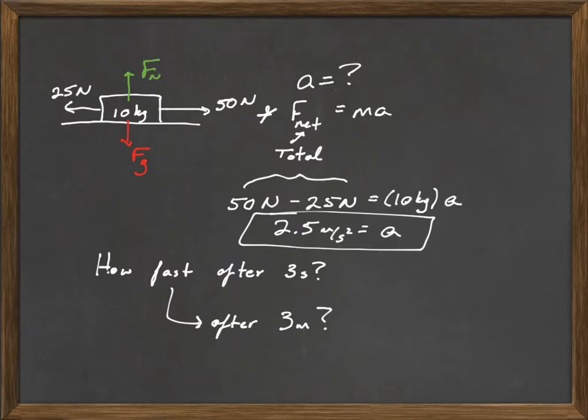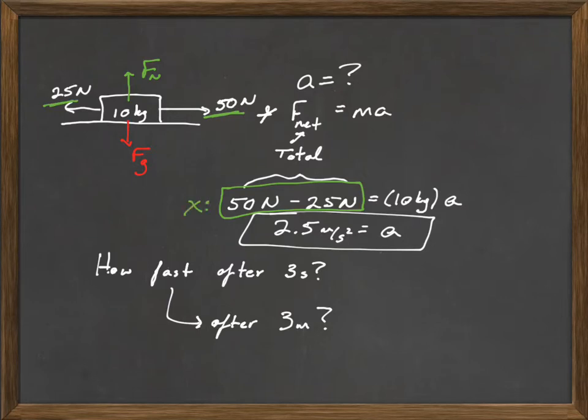Remember, normal force is the force perpendicular to a surface. But you'll notice that when I wrote the net force out, I didn't include them, and there's a reason for that. Just like we did with vectors and two-dimensional motion, the reason they're not included is because the 50 and the 25 newton forces were along the x-axis.